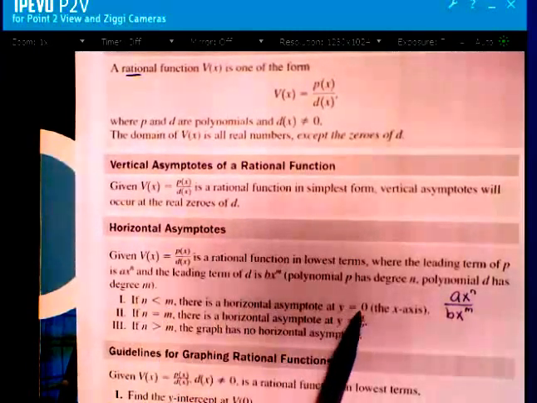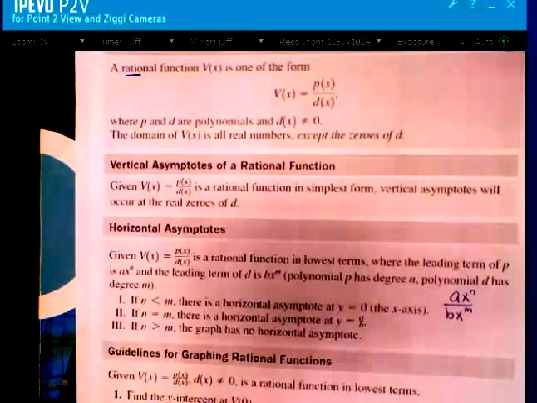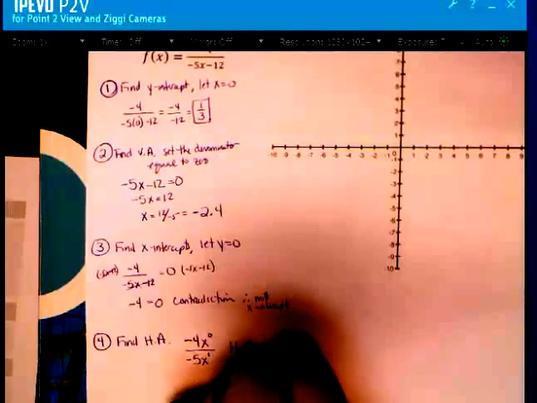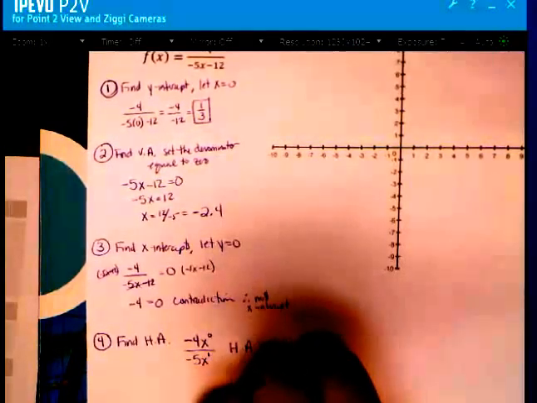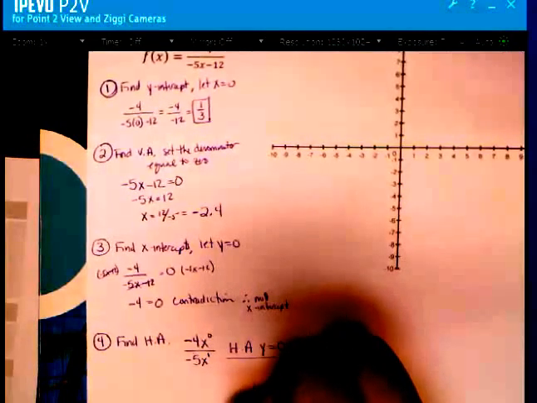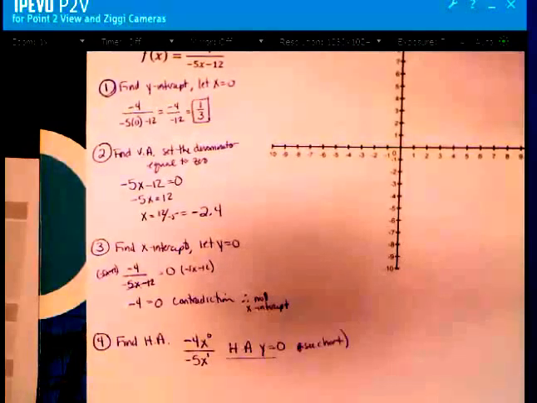When that happens, that means that we have a horizontal asymptote at y equals 0, also known as the x-axis. So that means that the horizontal asymptote is at y equal to 0. And I'm going to put a little note on here to see chart. So that's where we got that information from.